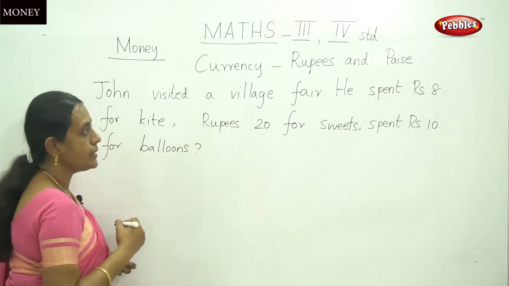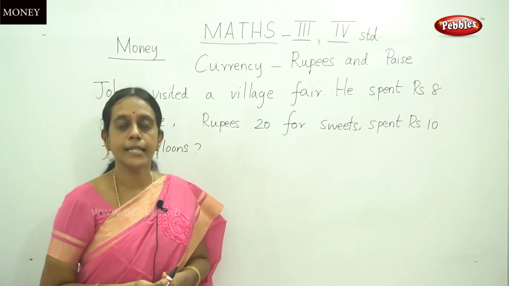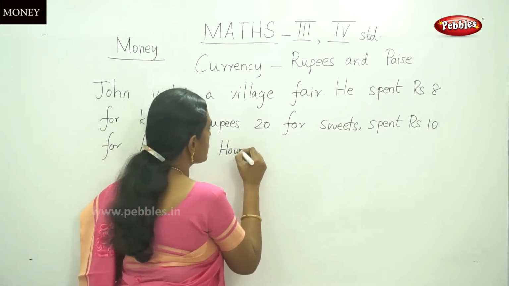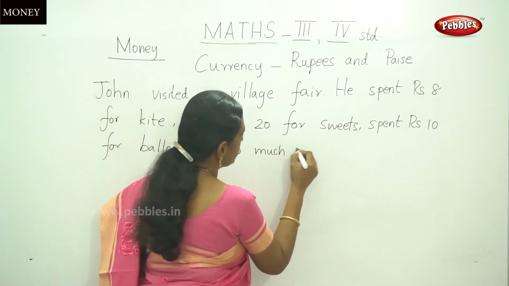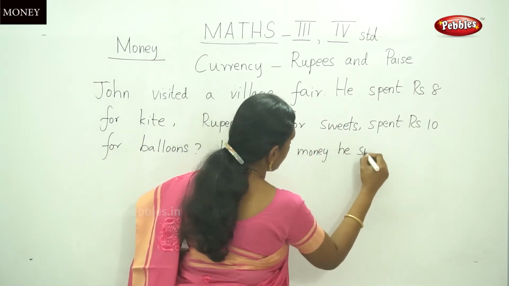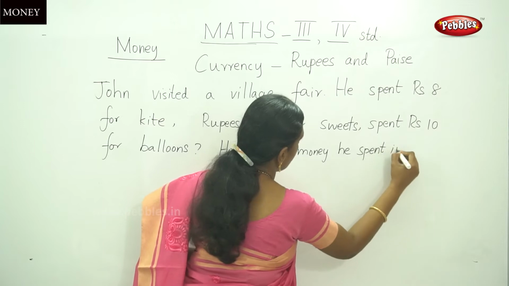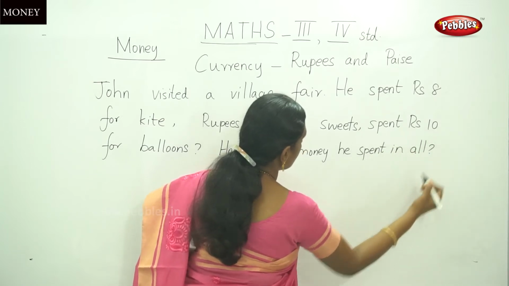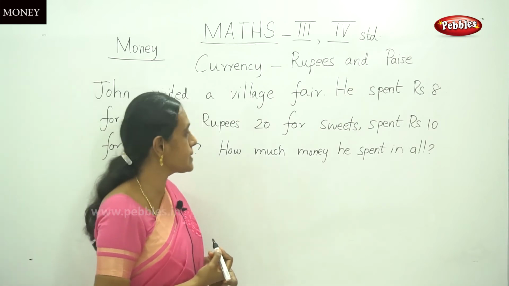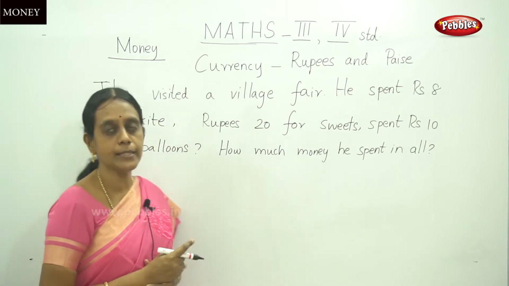How much money did he spend in all? Let me calculate: rupees 8, rupees 10 and rupees 20.